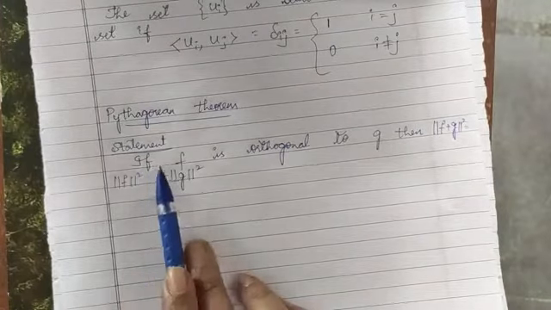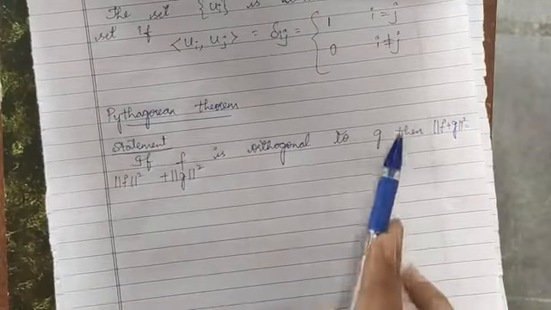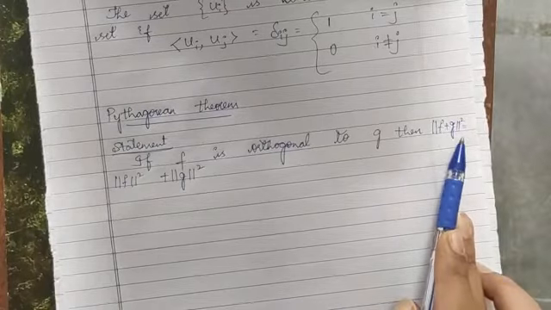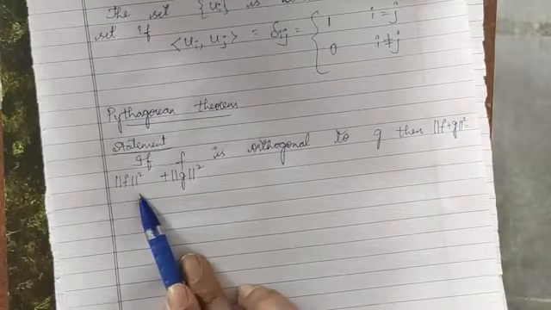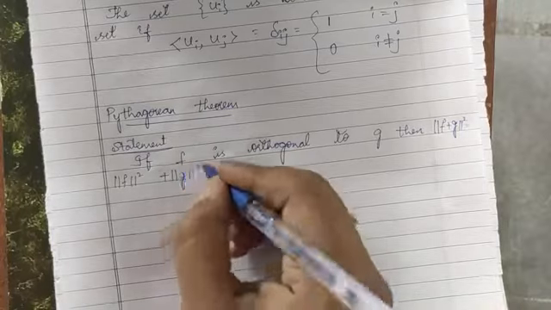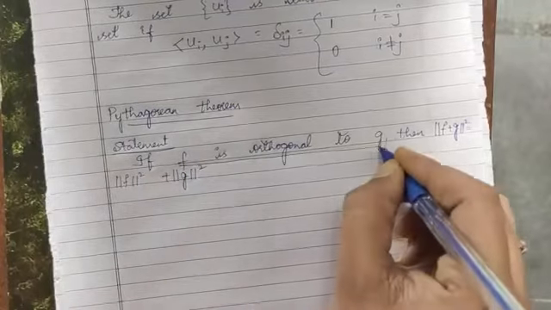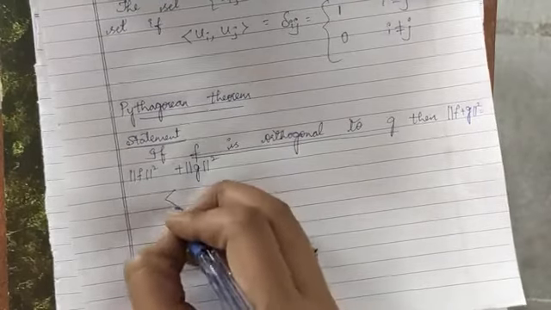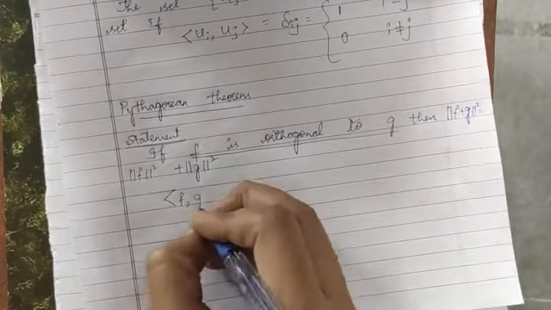The statement goes like this: if f is orthogonal to g, then norm of f plus g squared is equal to norm f squared plus norm g squared. Here you can observe they have given f is orthogonal to g. That means inner product of f comma g is equal to 0.